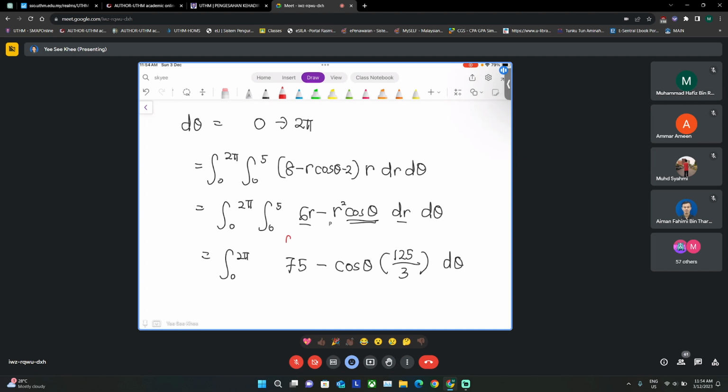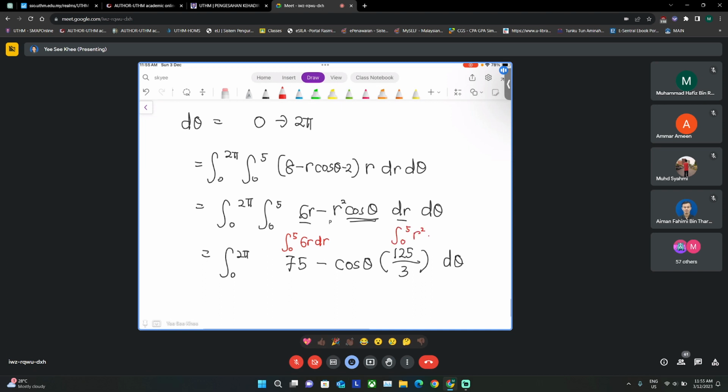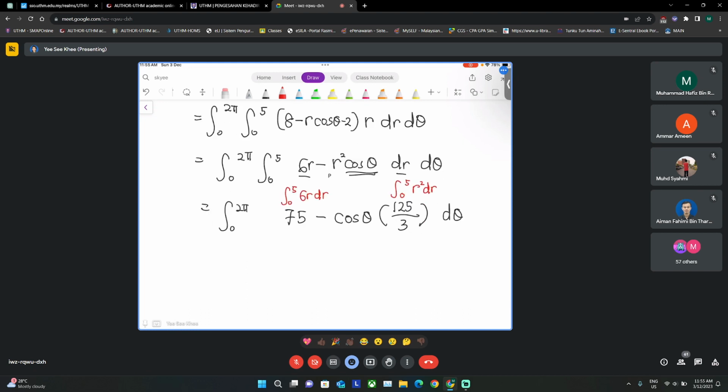Just to be clear, this one you press 6r dr and you get 75, and this one you press 0 to 5 of r squared dr. You take out the cos. So now you can press the whole equation, with 2 pi and 0. So it is 150.